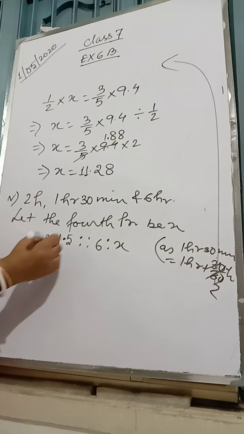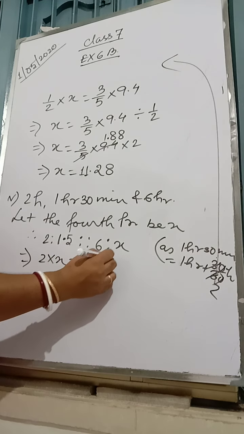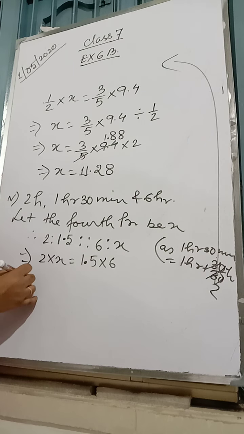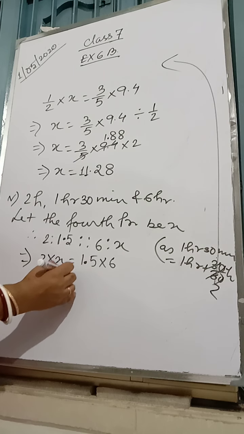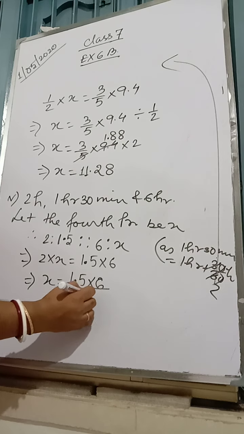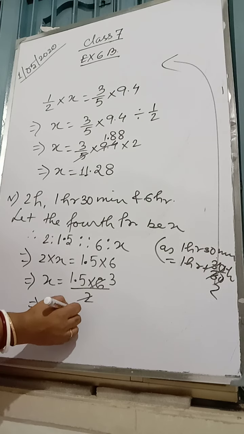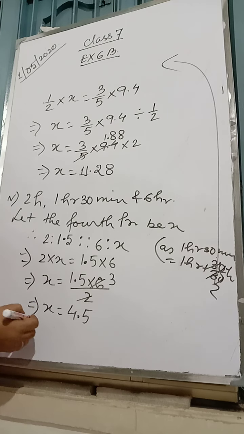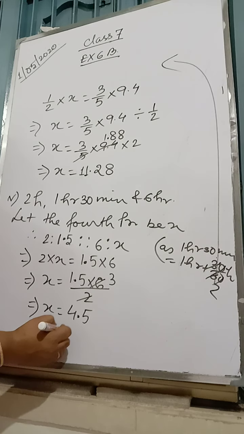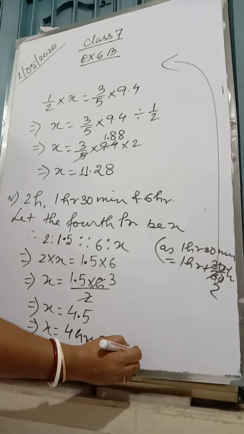Now solve: 2 into x is equal to 1.5 into 6, or x is equal to 1.5 into 6 by 2. 2 3s are 6, or x is equal to 4.5, or x is equal to 4 hours 30 minutes. Finished.